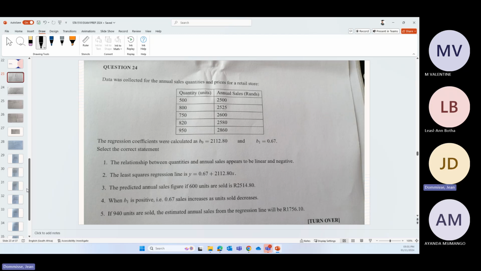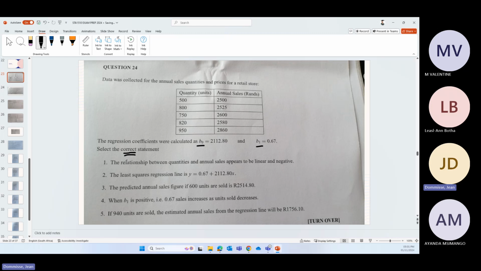Again, some questions that were shared with me. So let's go into this one from study unit 11. We get some X and Y numbers, and then we've got, like yesterday, B0 and B1, and they ask us for the correct statement again.